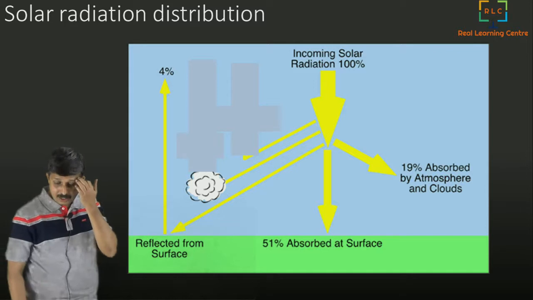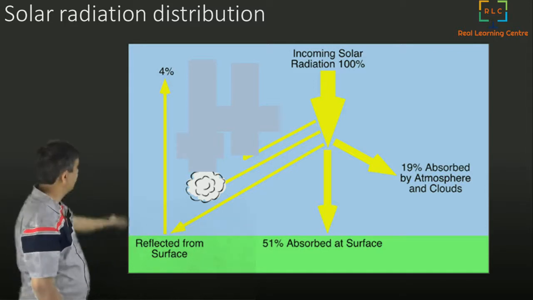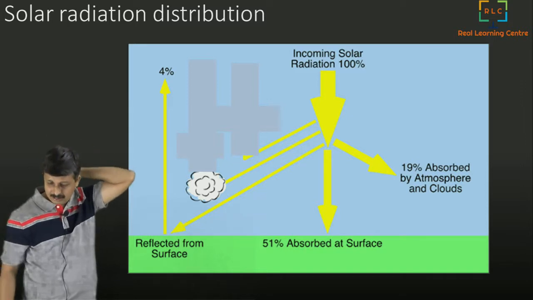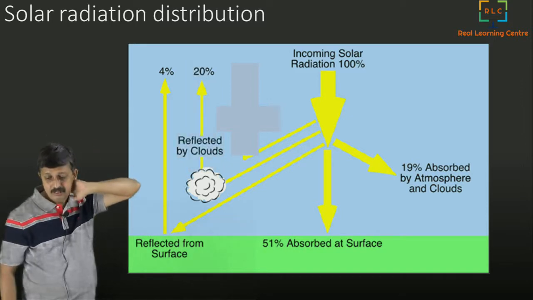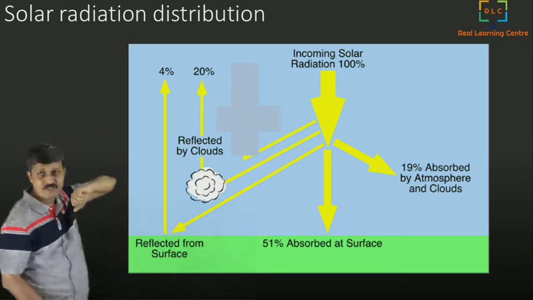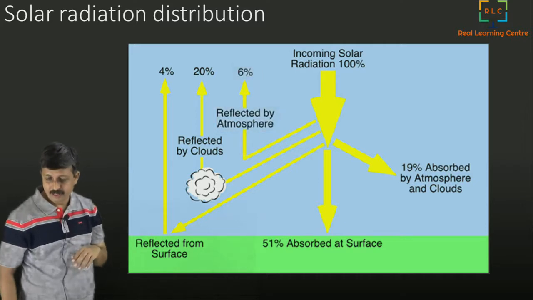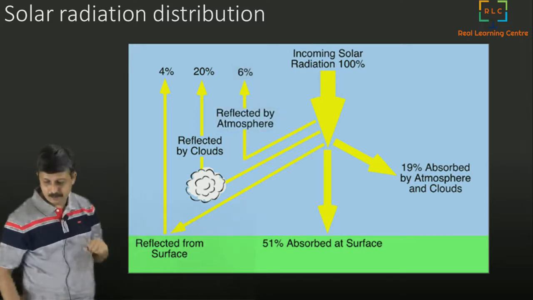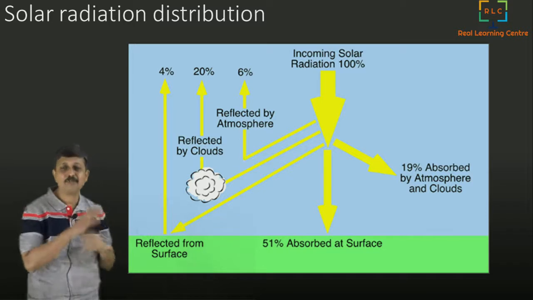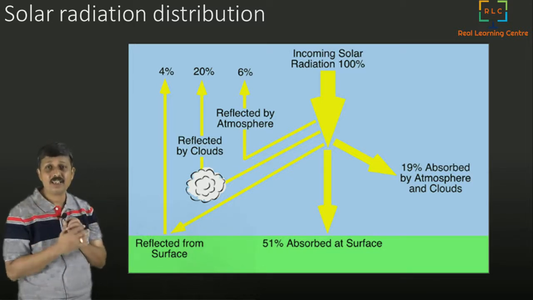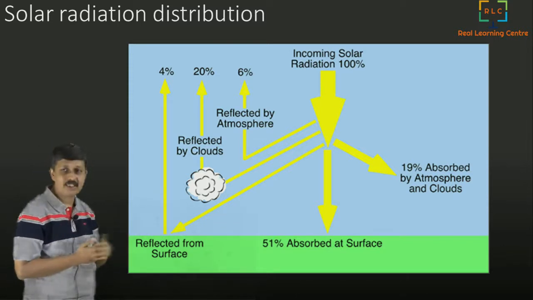Out of that, only some 4% is reflected back directly. Clouds reflect around 20% of it, and some 6% is reflected by the atmosphere. This is basically how the sun's energy gets distributed. That tells us that a lot of energy is absorbed by the earth.